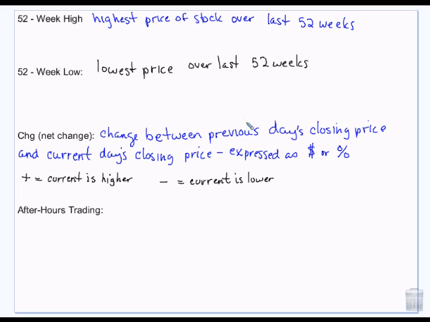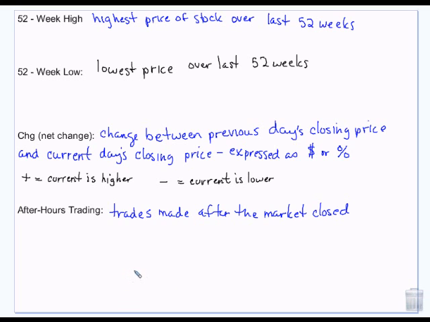Okay, and then you get after hours trading. After hours trading occurs after the stock market's closed. This didn't really happen a whole lot back in the old days, because if you were in America in the 1920s and you wanted to buy stock, it was all done through the phone.